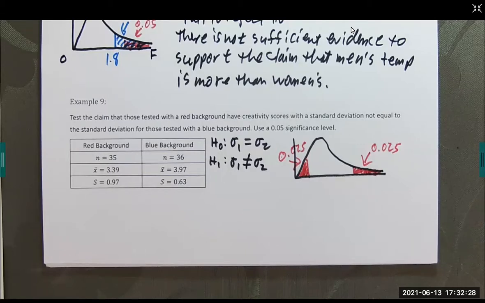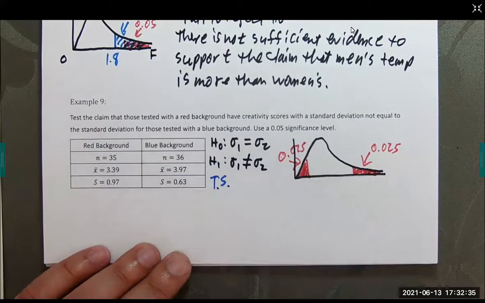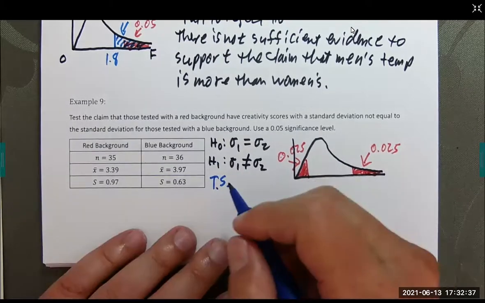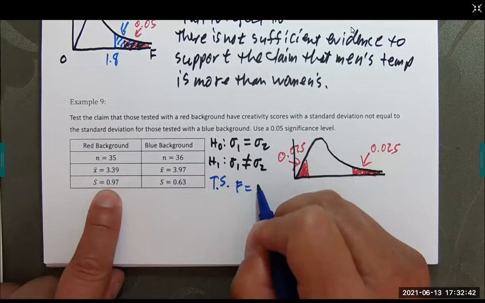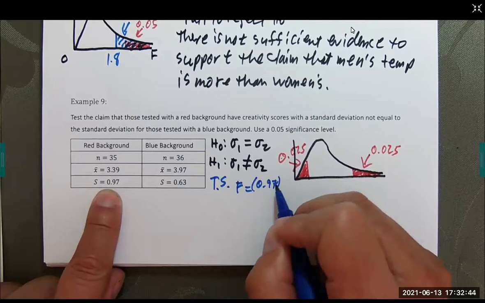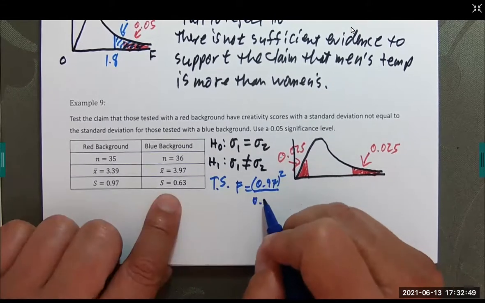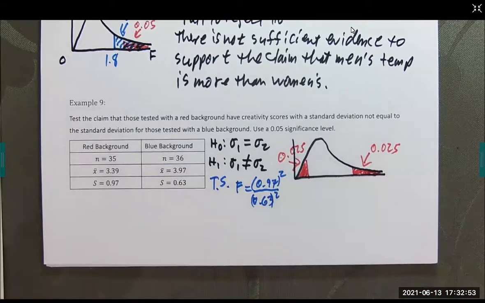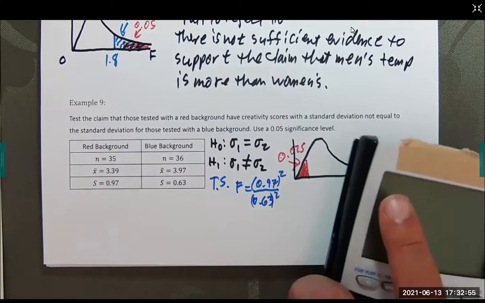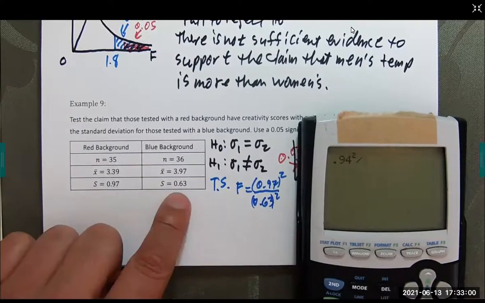But what I'm going to do is find F, my test statistic. And that is going to be, in this case, this is definitely the larger of the two. So F is 0.97 squared over 0.63 squared, which is going to give us 0.97 squared divided by 0.63 squared.